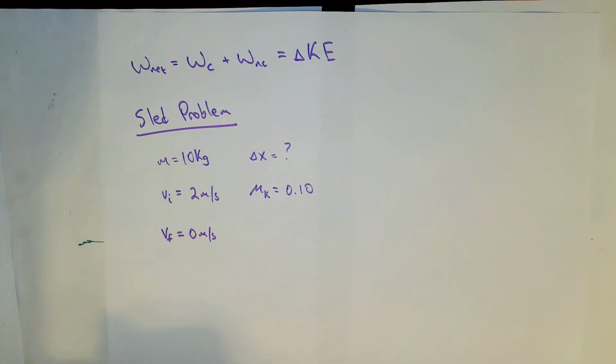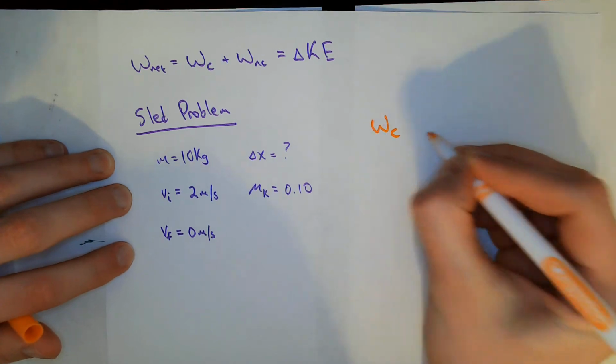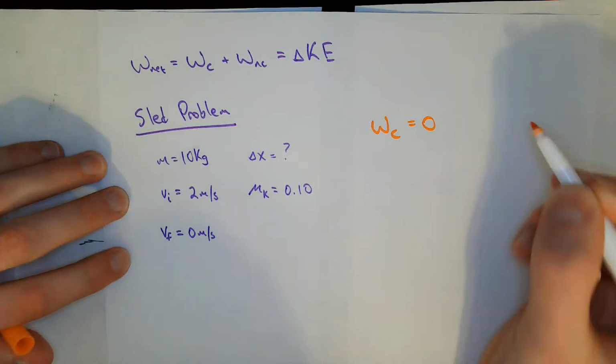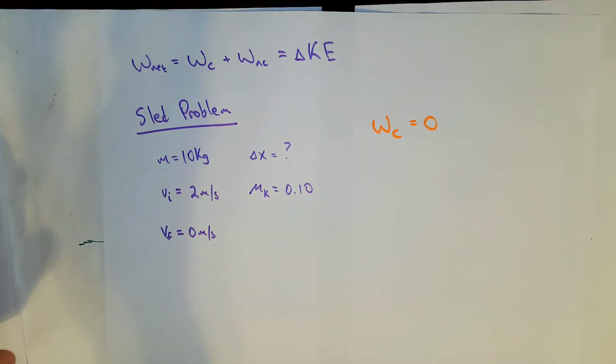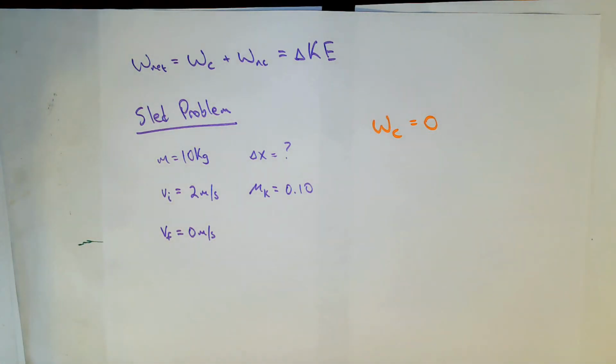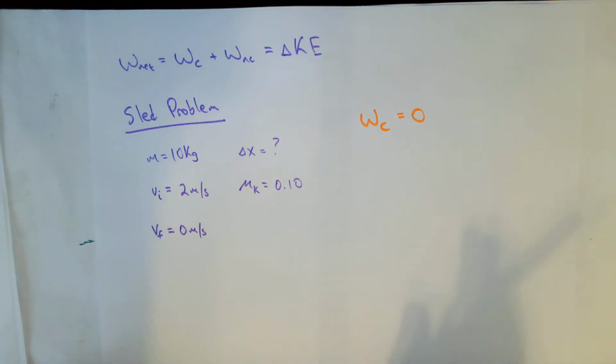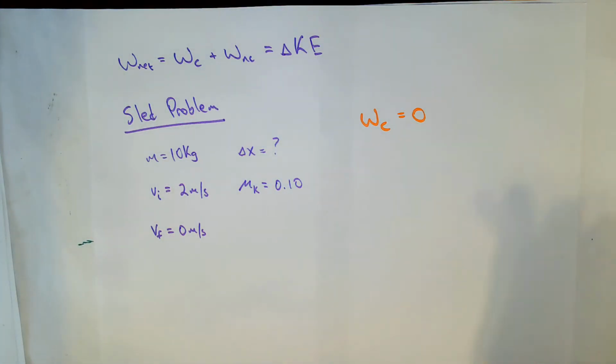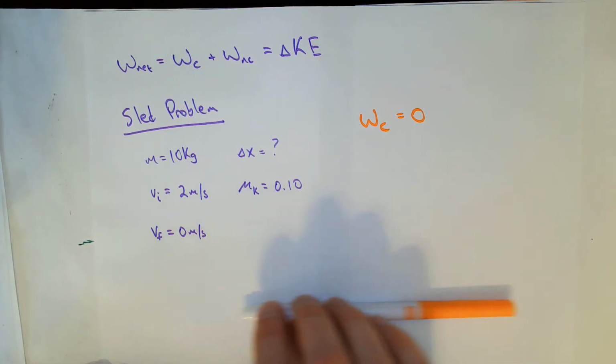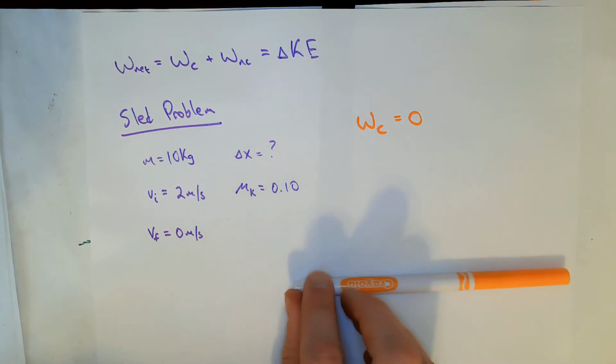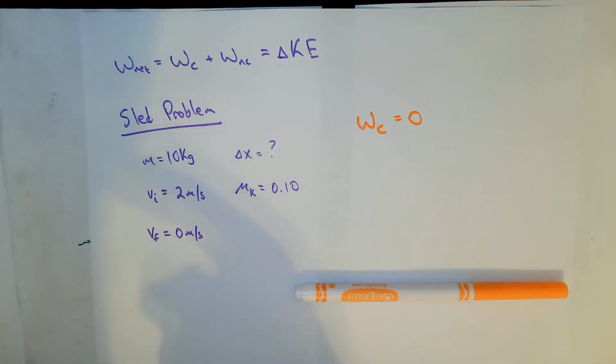So what I'm trying to say is that my work done by conservative forces is 0. Because the only conservative force that could possibly be involved here is gravity. And while gravity is definitely involved anytime you're talking about friction, gravity is pushing on the object, but the object is moving horizontally. Gravity's pushing down. Those are perpendicular, right? So hence the work done by gravity is 0 here.